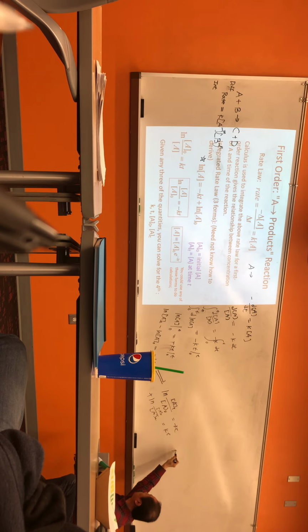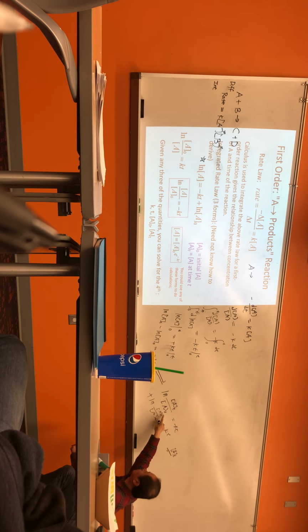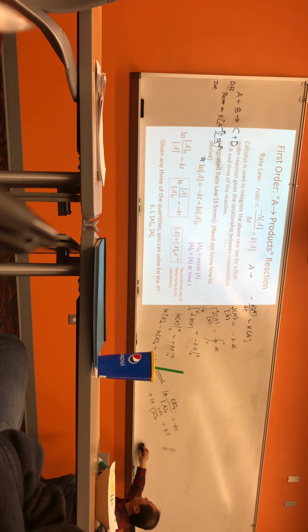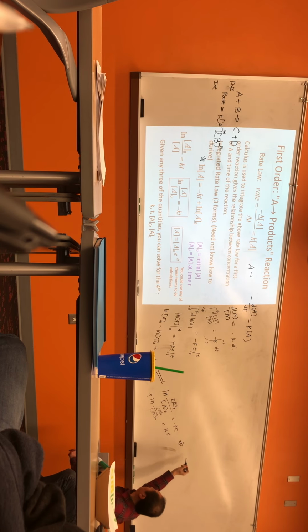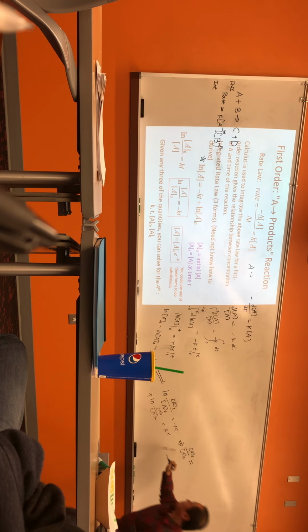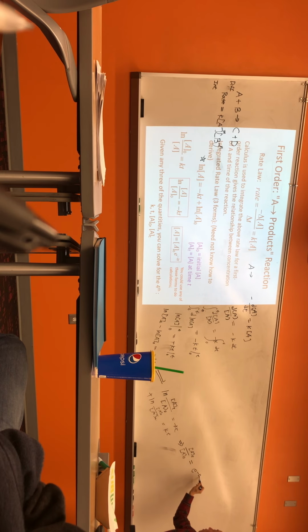So this is equal to At. Okay. I'm going to use this guy. At over A0 is exponential minus kt. If you multiply A0 on both sides, At is A0 e to the minus kt. So you need to know this guy.